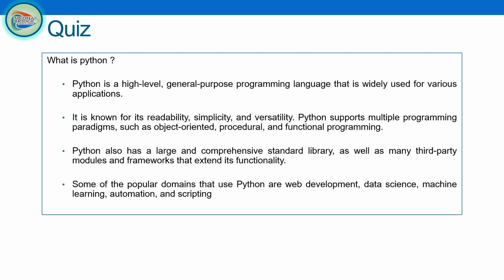Python also has a large and comprehensive standard library as well as many third-party modules and frameworks that extend its functionality. Some of the popular domains that use Python are web development, data science, machine learning, automation, and scripting.